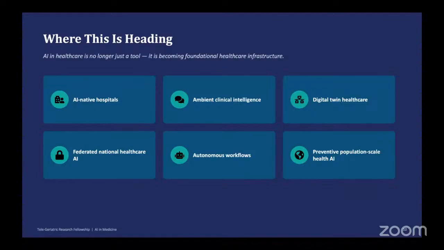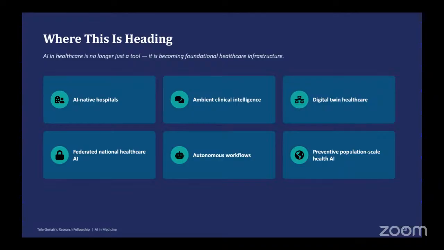AI that listens and documents passively during a visit, without anyone actively operating it, is already in early deployment in some systems. Digital twin healthcare is an emerging concept where a patient's physiology is simulated virtually, so interventions can be tested before they are applied to the real person.